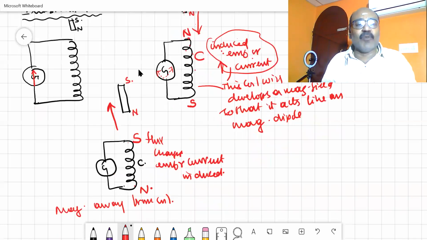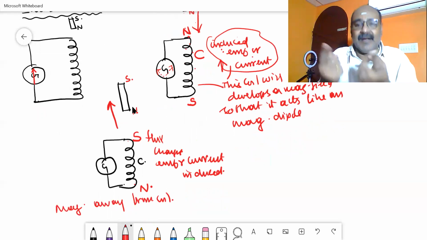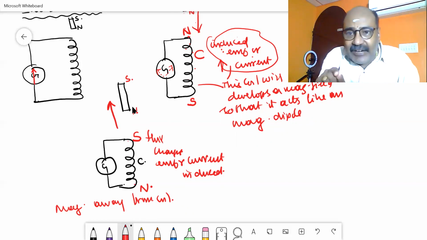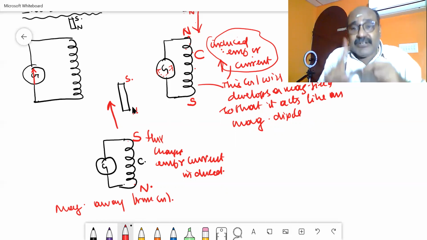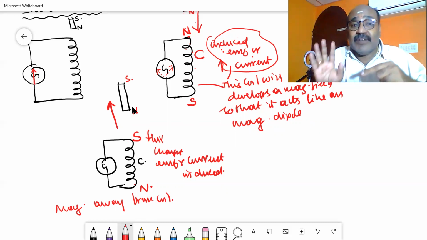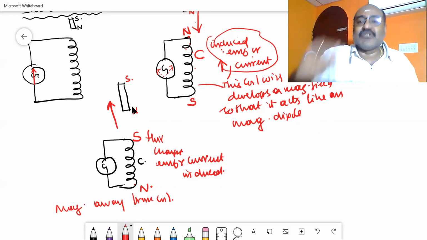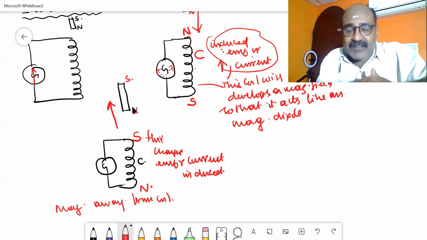That is, when you are moving the magnet towards, then flux increases because the magnet is moving towards the coil. But due to the change in flux, an EMF is induced. That EMF induced should develop a magnetic field in the coil which would oppose the increase in magnetic flux. For that, the magnet should be repelled.